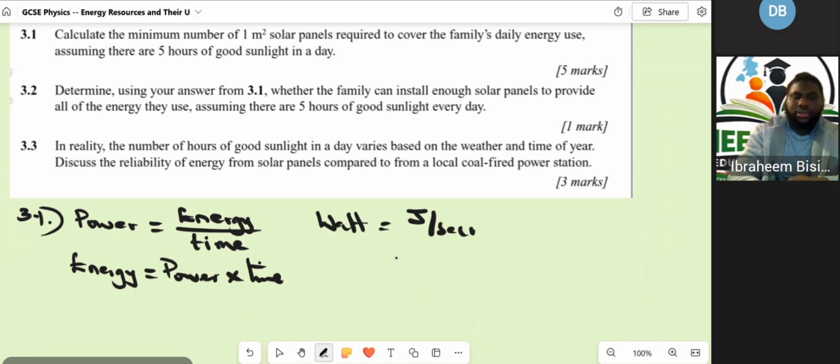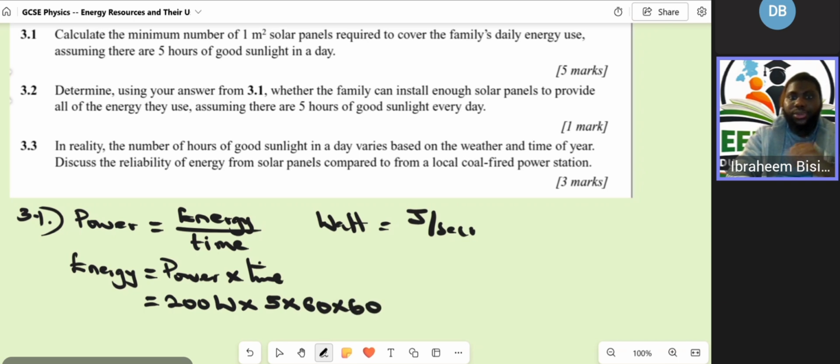So when we get our energy, it will be in joules, and the time should also be in seconds. So we need to convert 5 hours to seconds. The power is 200 watts times 5 hours in seconds: 5 times 60 minutes make 1 hour, and 60 seconds make 1 minute, so we need to multiply by 60 twice.